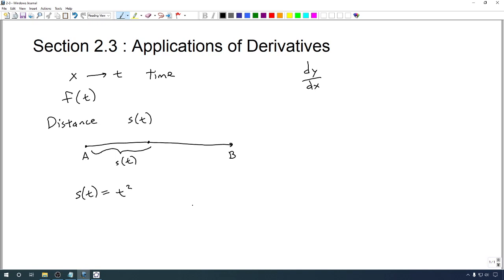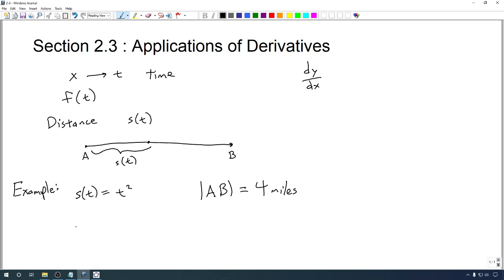T here is what we're going to take in hours, and we're going to assume that A and B are 4 miles apart. So the total distance here is 4 miles. Go ahead and write that information down so that we can reference it later. So the distance from A to B is 4 miles, and our distance function is t squared.